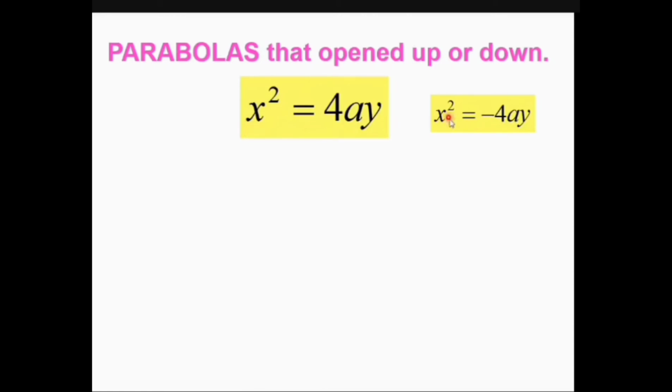Okay? Or we can just write it as x squared is equal to negative 4ay if the parabola opens downward. Ito naman, if the parabola opens upward, since the coefficient of y is positive. Dito naman, yung coefficient ng y is negative, so meaning the parabola opens downward.